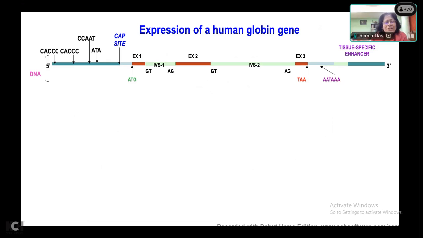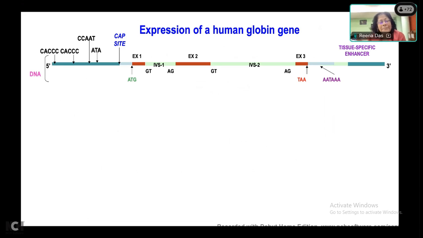And also it's one of the most simple genes. So if you understand the basics of the genetics of the genes, you will find that this is the most simple one. If you understand this, then when you start reading about different genes, you will find that other genes are so complicated when compared with the human globin gene.